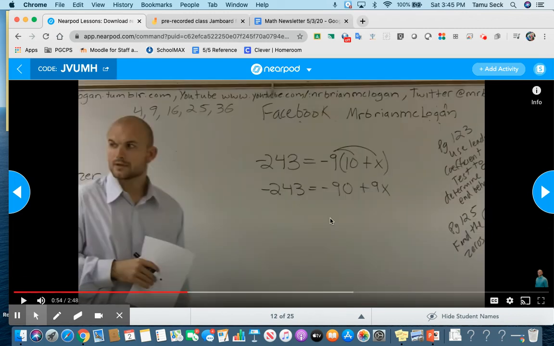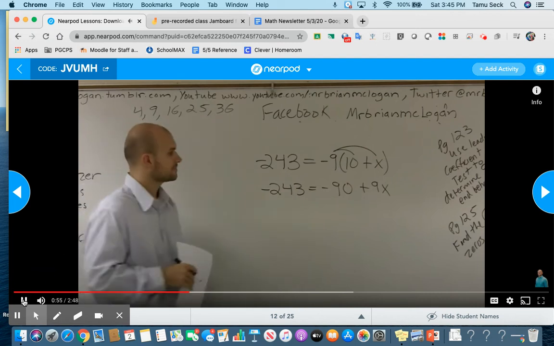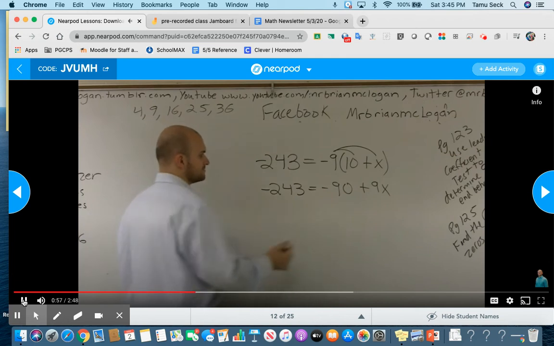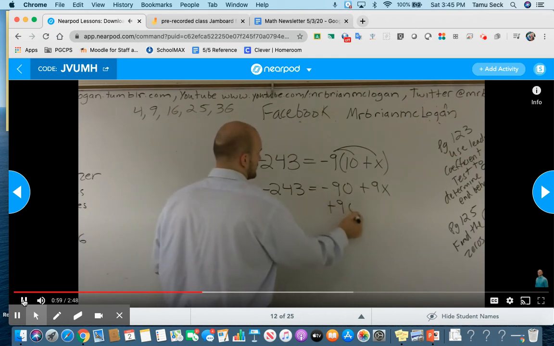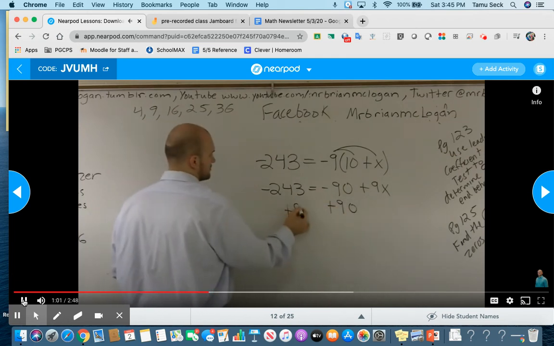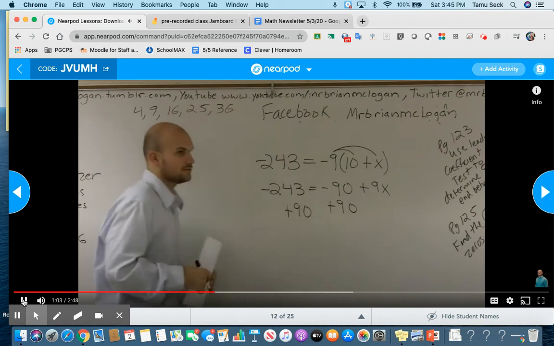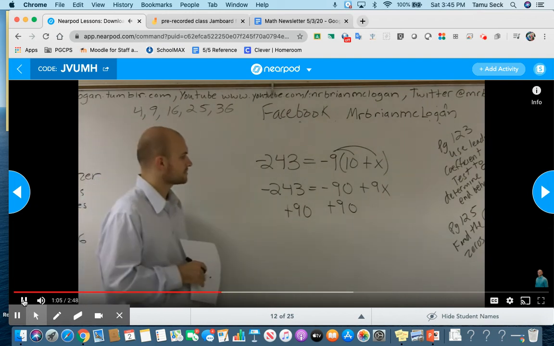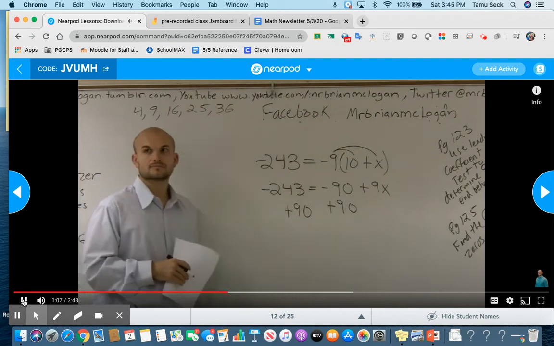So he made a mistake here. Negative 9 times x is negative 9x. Okay, then we add 90 to both sides.